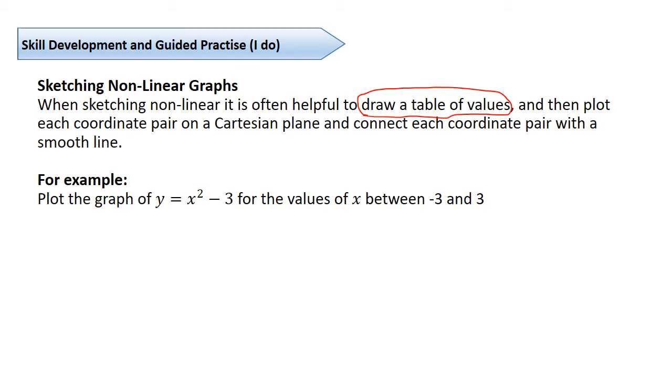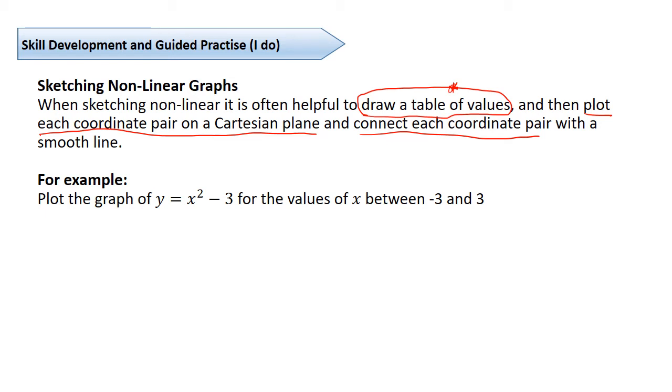Once we have our table of values, we then plot each coordinate pair on a Cartesian plane, and then we connect each coordinate pair with a smooth line. So nothing changes except maybe the function we use to draw a table of values. If you were able to complete the linear equation earlier, there's no reason why you wouldn't be able to do this more complicated function here, okay?